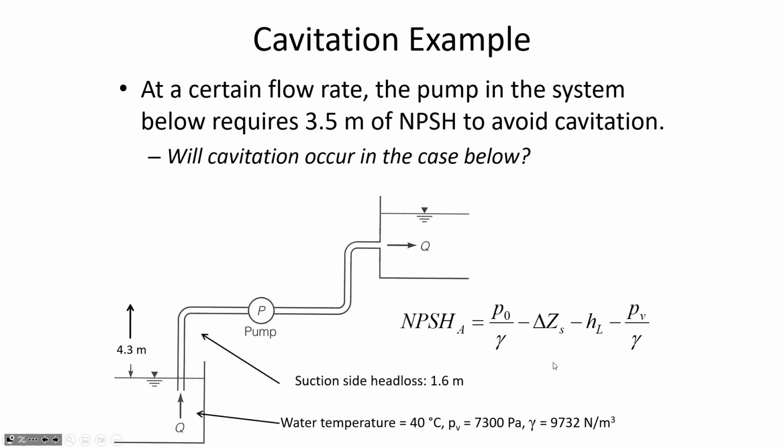So what I'd like you to calculate is, will cavitation occur? So remember, what you're going to have to do is first calculate NPSHA, and then compare to NPSHR. So available we get from the system, required we got from the pump manufacturer.